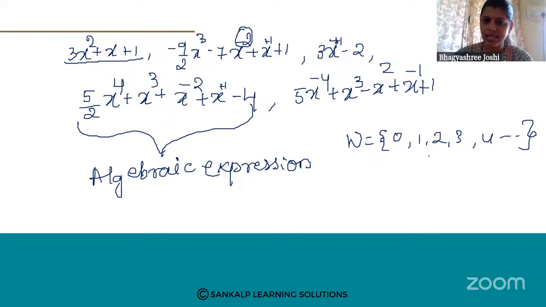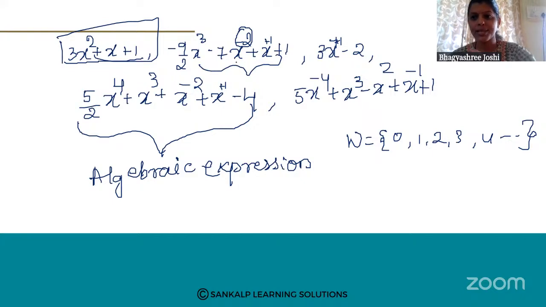So in these examples, this one is a polynomial, right? And this is an algebraic expression. In an algebraic expression, it has all types of exponents. But in case of polynomials, there are no decimals, no fractions, and no negative numbers. It has only positive numbers. This is also a polynomial, right?